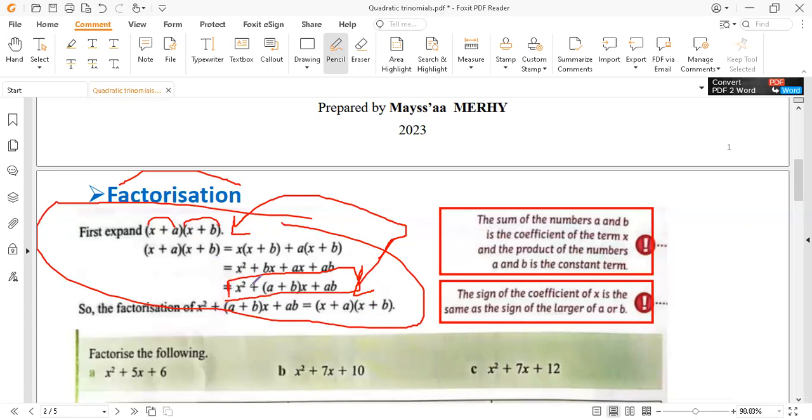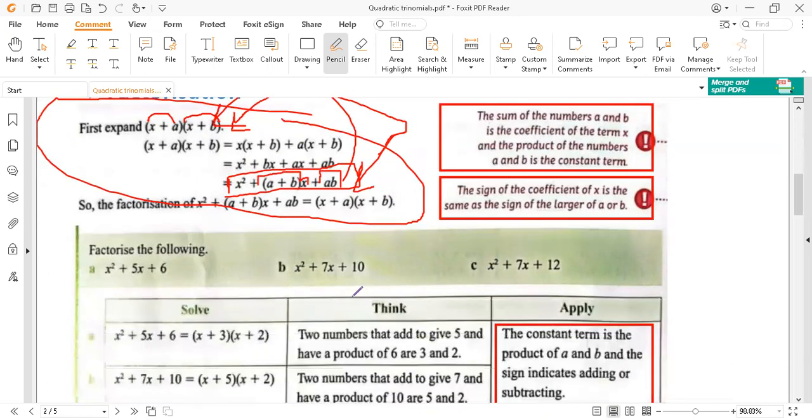Okay, so we have a quadratic expression of the form x squared plus ax plus b. We should know that any quadratic expression at your knowledge level should be factorized in the form (x plus a)(x plus b). How?